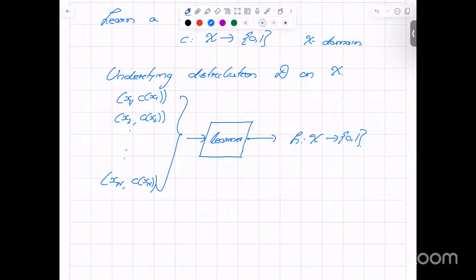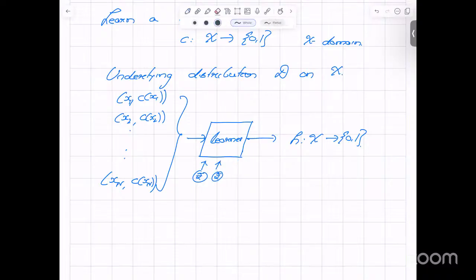As a kid, you see several pictures and whether each is a horse or not, and based on this you form a mental image of whether you'd say a new picture is a horse or a cat. The learner possibly uses some extra random coins if needed.